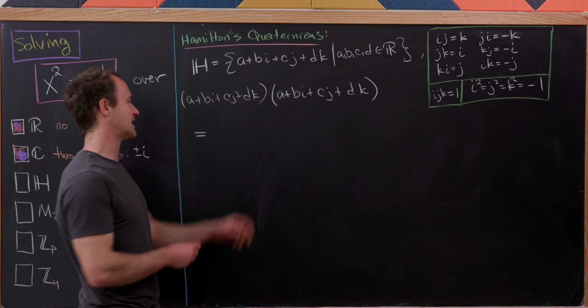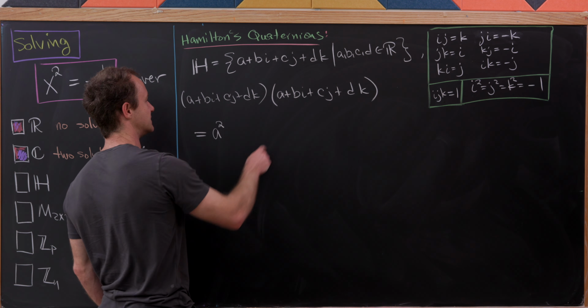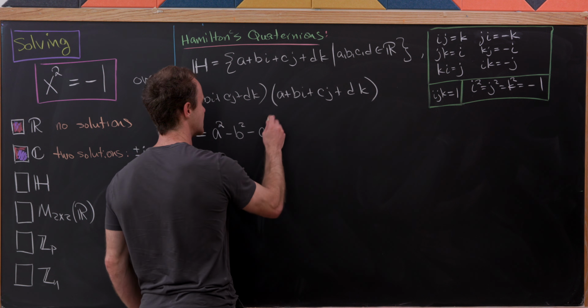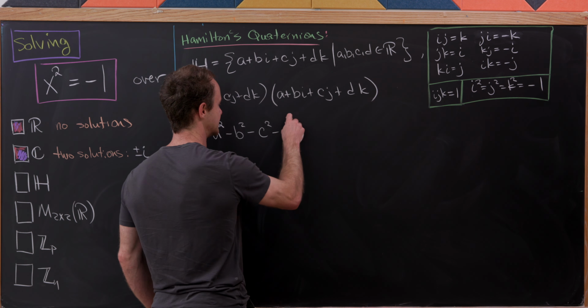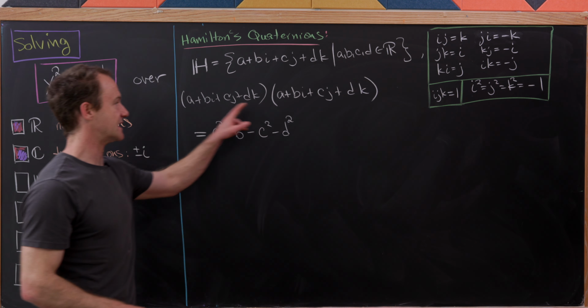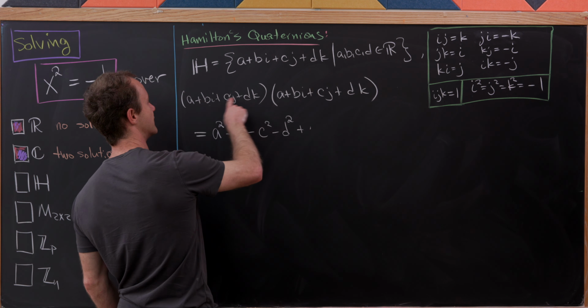We'll do a times a, that'll give us a squared. We'll do bi times bi, that'll give us -b squared. Likewise, we'll get -c squared and -d squared. Then we'll have a times bi, that'll be plus abi, but we get 2 of those.